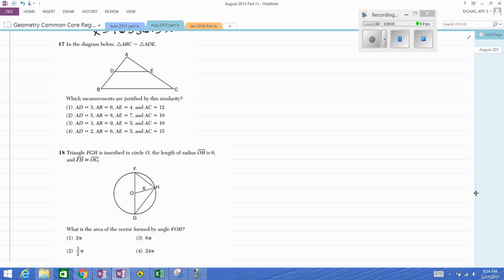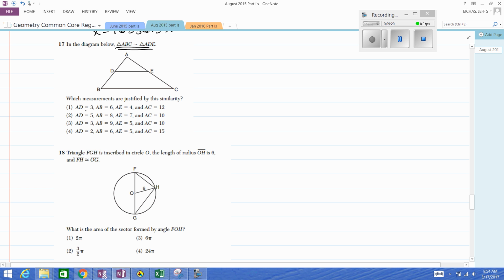Similarity. All right, they're telling us the triangles are similar, so you've got this triangle similar to that one. What we would go through, unfortunately, is we've got to test it out.